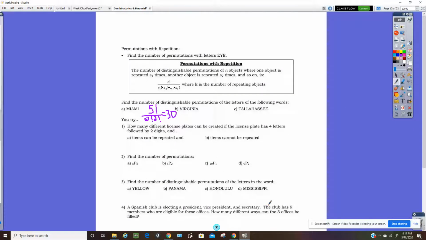So for Virginia, you're going to count the letters: 1, 2, 3, 4, 5, 6, 7, 8. So you get 8 factorial in the numerator, and then the repeated letters. There's 3 I's.